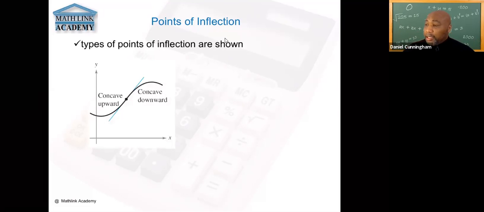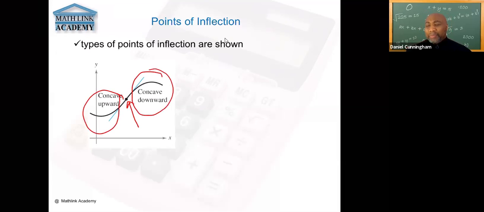So in this case, let's look here. This point that we have, I'm going to show you in red. That's right here, this point. That is a point of inflection. We want to write that point of inflection. One side is concave upward, the other side is concave down, and that's a point of inflection at that point. But also I want to show you this.